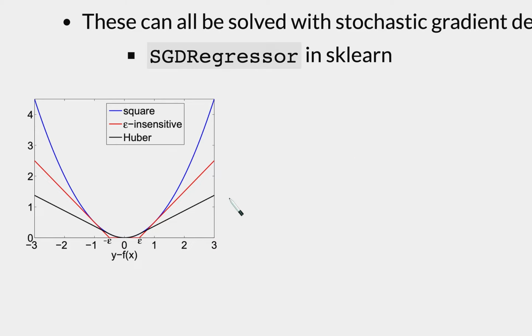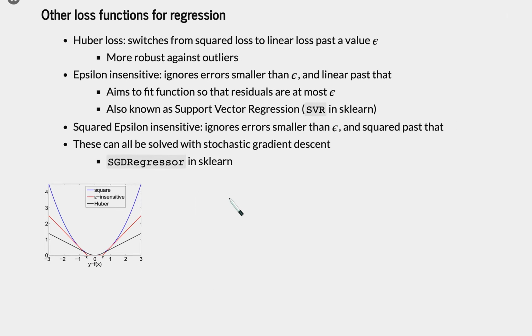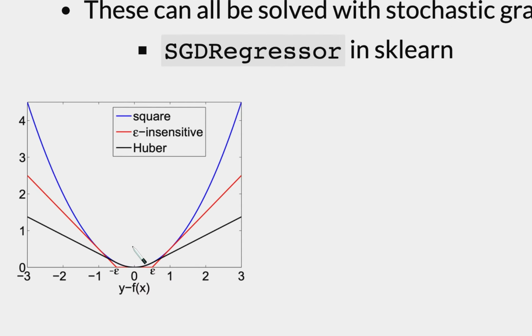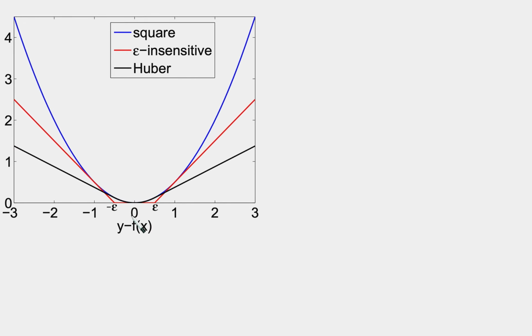Another thing you can do is the epsilon insensitive loss function. So this one will make the loss exactly 0, in red here, up to a value epsilon and then linear after that. Right?